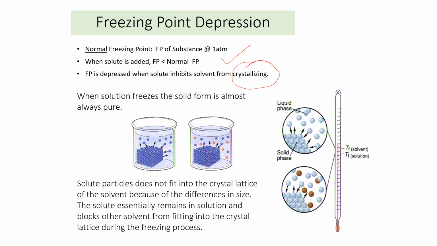The solid form is almost always pure, and the solute particles do not fit into the crystal lattice of the solvent because of differences in size. The solute essentially remains in the solution and blocks the solvent from fitting into the crystal lattice during the freezing process. So for the difference in freezing point temperature, here we have Tf for the solvent and Tf of the solution.